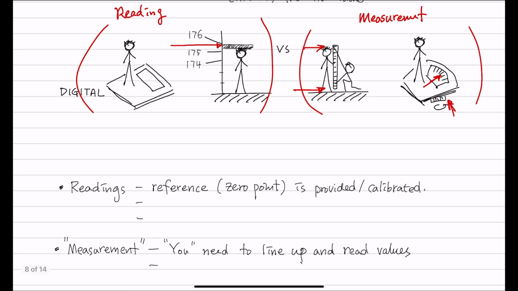And let's first talk about the case here. In the readings, there's no need to line up. And the uncertainty in this case is the same as half of the resolution.